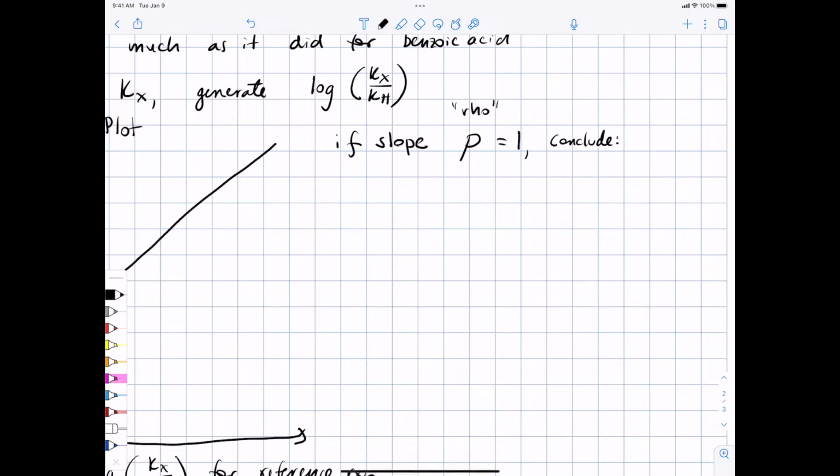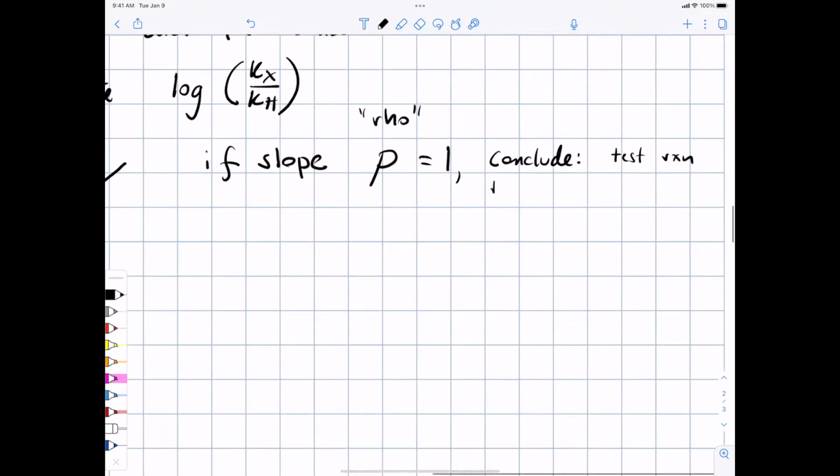that our test reaction depends on substituent identity X in the same way as does the benzoic acid reaction, or our reference reaction.